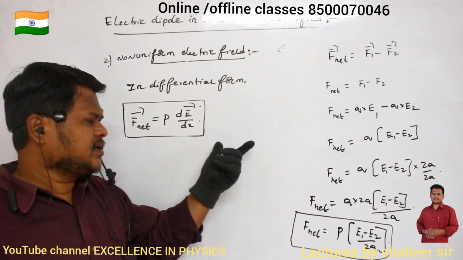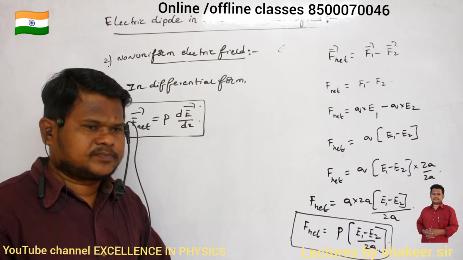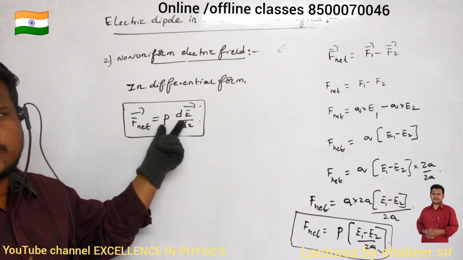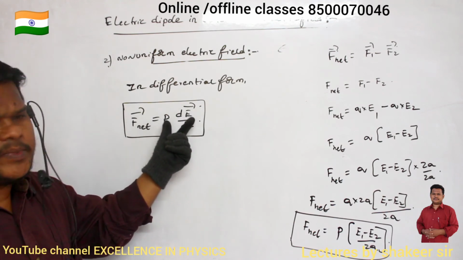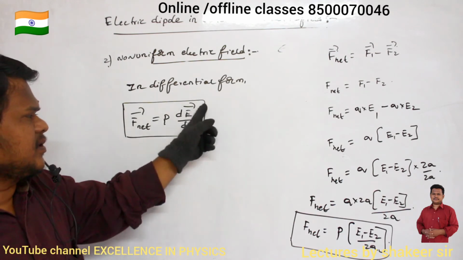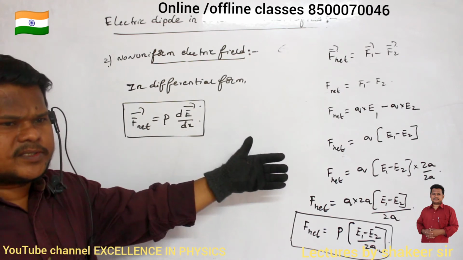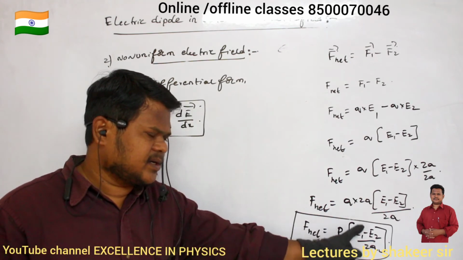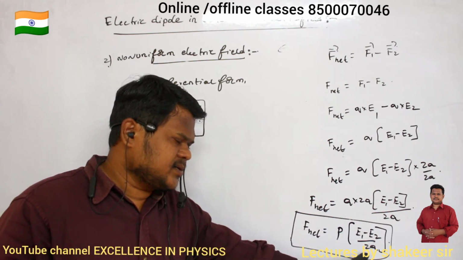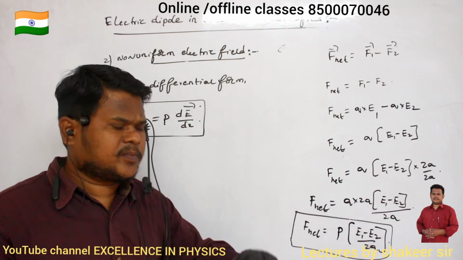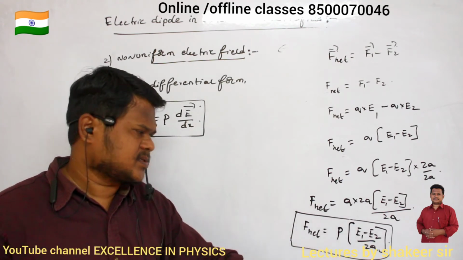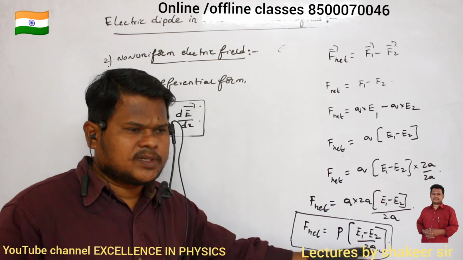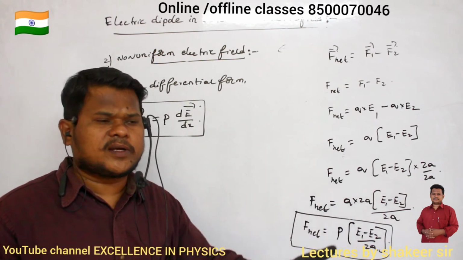What is meant by dE divided by dx? dE means change in electric field, and dx is distance. Here 2a is the distance between the negative charge and the positive charge, and E1 minus E2 is the difference of magnitudes of electric field.